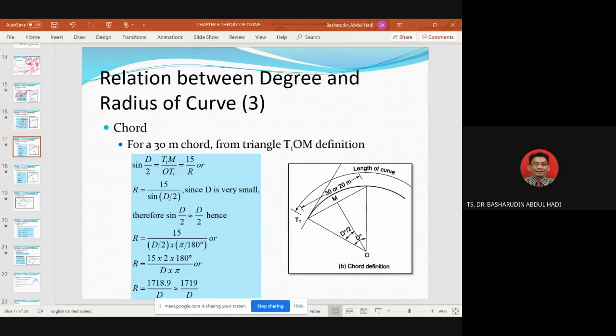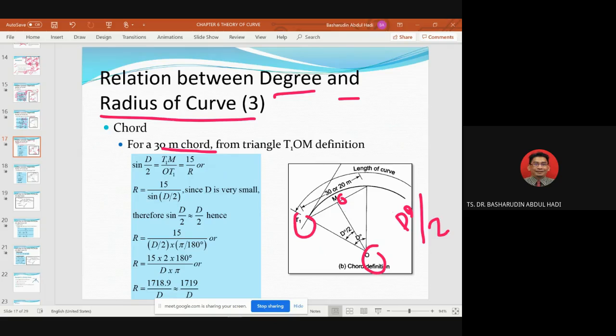Okay, slide number 17. Relationship between degree and radius of curve, based on chord. For example, the chord is 30 meters long. From triangle T1OM, with M here, the angle is D degrees divided by 2.